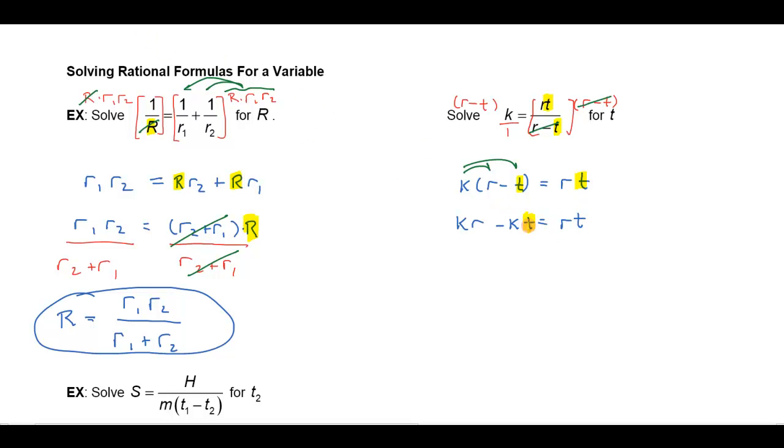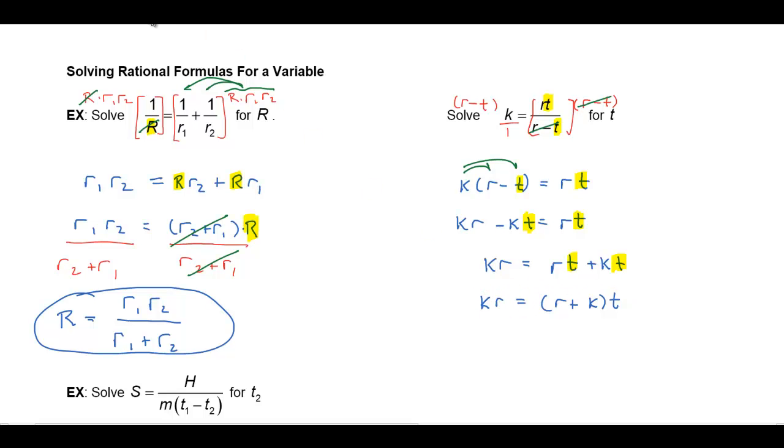All right, so I'm aiming to get these together. So let's go ahead and take the negative kt over on this other side. So I get kr is equal to rt plus kt. Now they're on the same side, and now I can do like I did over here. I have rt's, and I'm going to add to that kt's. That's going to give me r plus k t's, the same thing as if you'd just factored out that t.